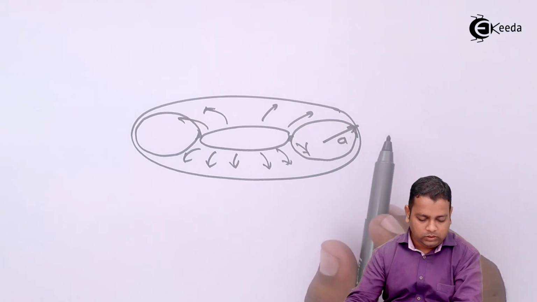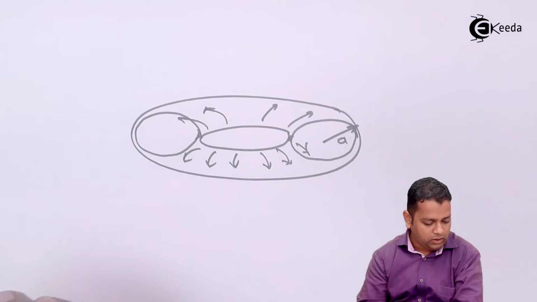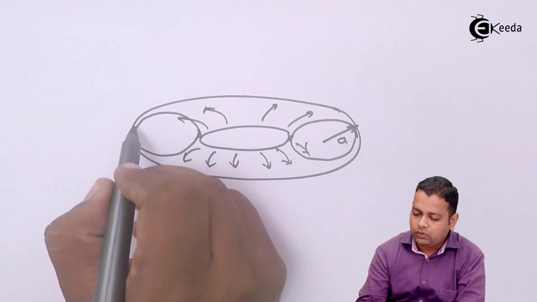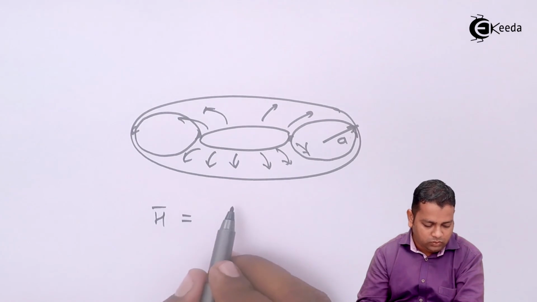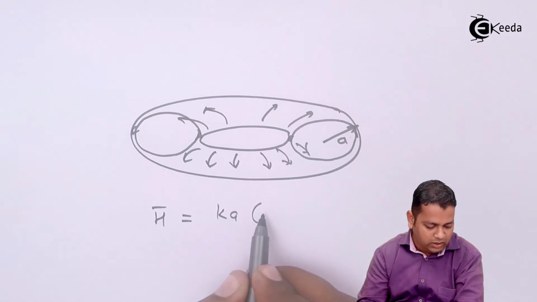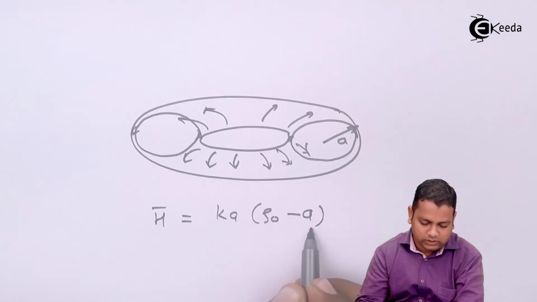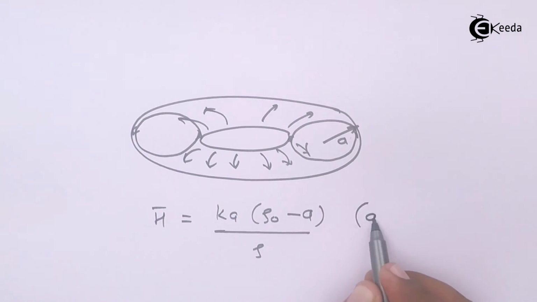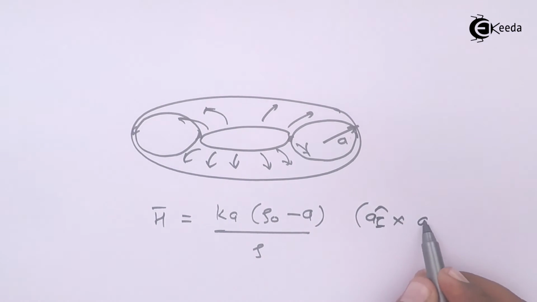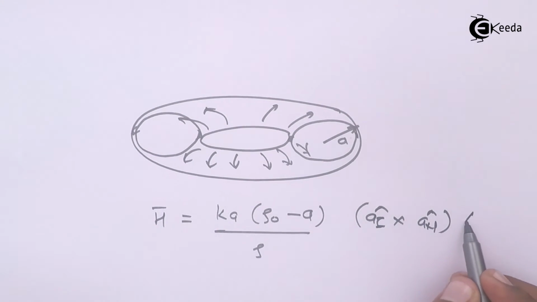So the field point into the ideal toroid, if we consider the magnetic field intensity H bar, can be given by K_a in bracket rho_0 minus a upon rho in multiplication with, for the direction we have cross product of a_i cap and a_n cap given in amperes per meter.